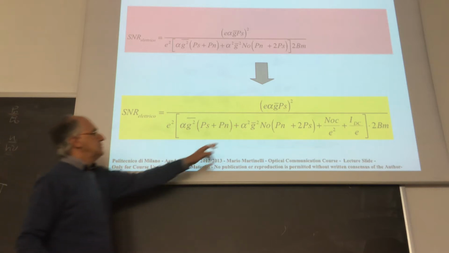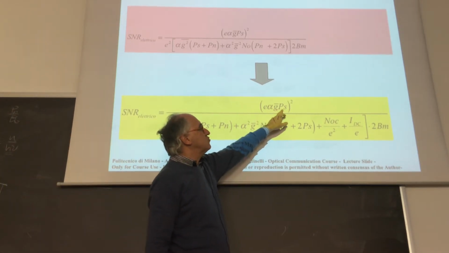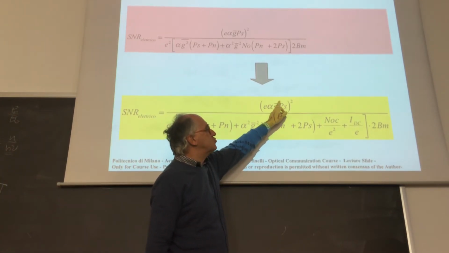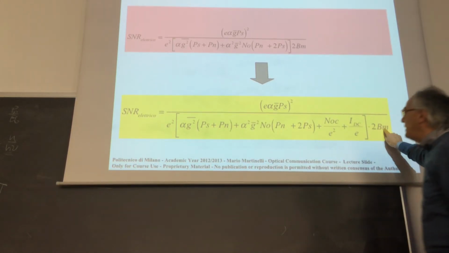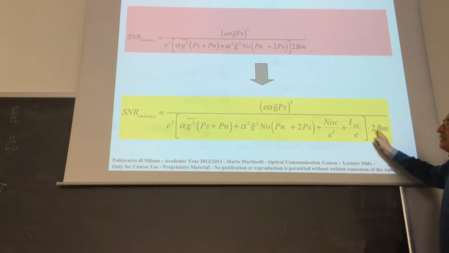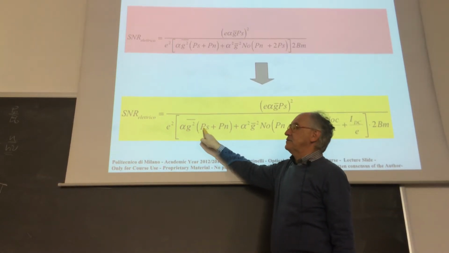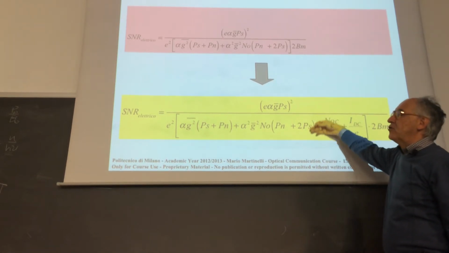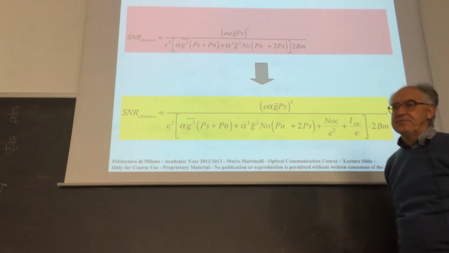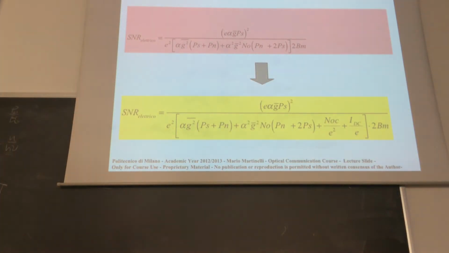This alpha Ps is second minus 1, squared is second minus 2. Here is second minus 2, why? Because the 2Bm is second minus 1, that multiplies alpha Ps, that's second minus 2. So in the numerator and denominator we have second minus 2. So there is the same unit of measure in the numerator and denominator. So the SNR is without a unit of measure, as predicted.